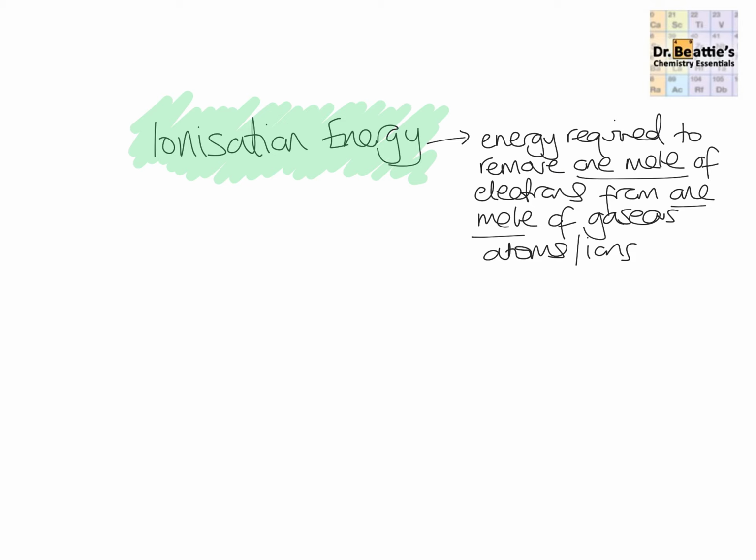Now, due to this definition, the units are in kilojoules per mole. Now, specifically, the first ionisation energy is the energy required to remove that first mole of electrons from a mole of gaseous atoms.